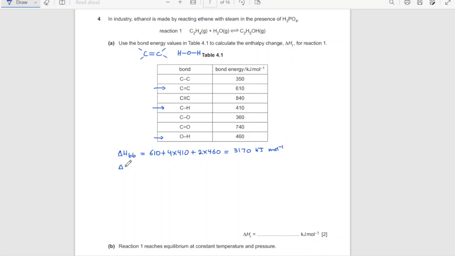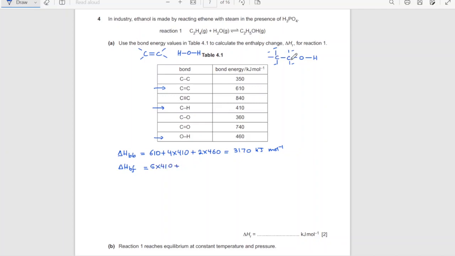Now for the bond formation energy, BF, bond formation, you look at the product side. So for C2H5OH, I know this is CH3CH2OH. So over here, I can see that I have 1, 2, 3, 4, 5 carbon-hydrogen single bonds. So that's going to be 5 times 410.